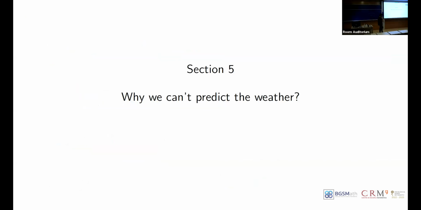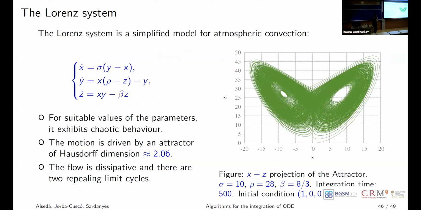And the last thing is why we can't predict the weather. That will be something fast, I hope. And the reason is chaos, chaotic behavior. So I'm going to answer the question by Josep from some minutes ago, if I remember it. This is the so-called Lorenz system, which is a model for atmospheric convection, a madly simplified model.